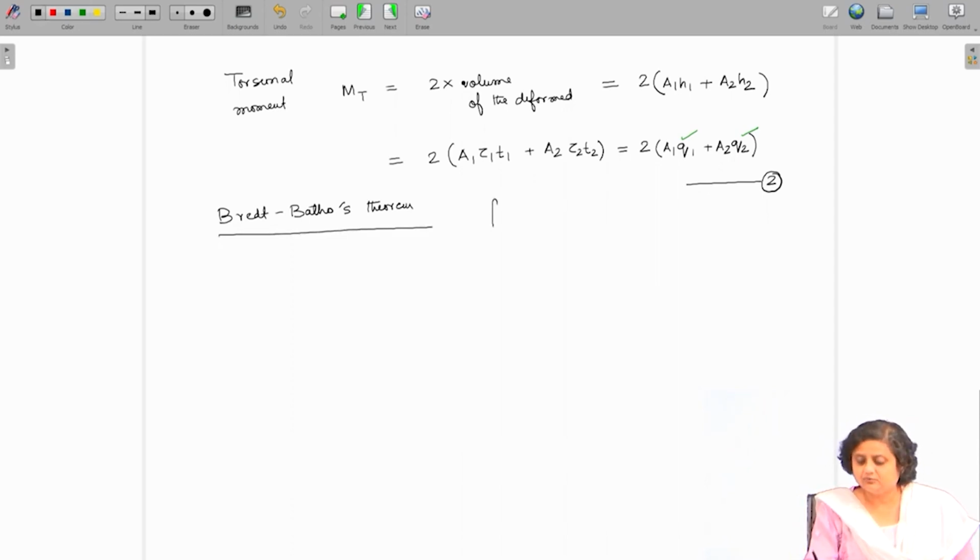Bredt-Batho theorem says that the integral of tau ds is equal to 2GA theta, theta being the rate of angle of twist.